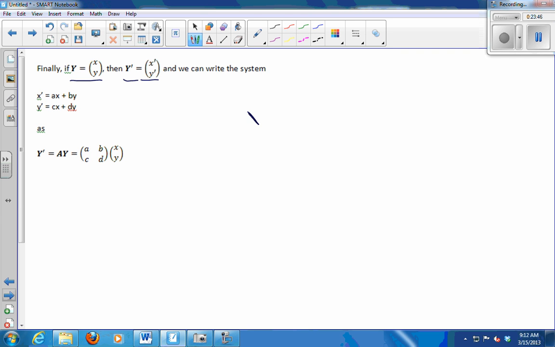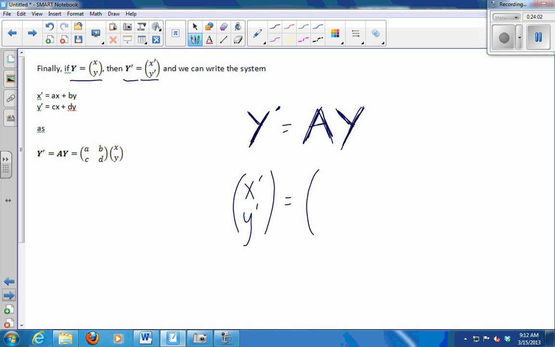So bold Y prime equals bold A times bold Y, because Y prime is x prime, y prime, A is A, B, C, D, and Y is x, y. This is a nice little shorthand for writing the system.